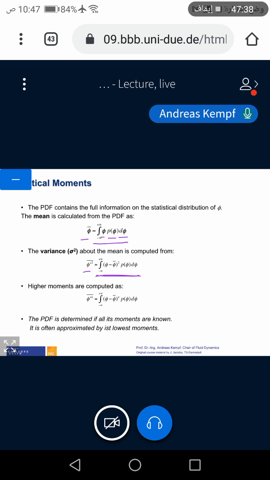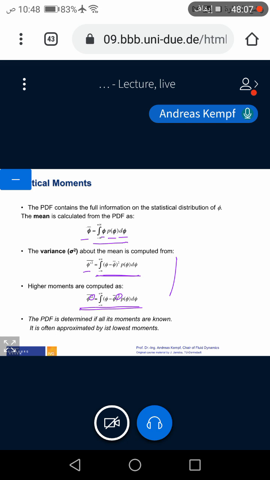It's the integral from minus infinity to plus infinity of phi minus the mean value of phi to the square times the probability of phi d phi. And we can also compute higher moments, third moments, fourth moments, and so on, as given in this expression here. So you see what changes for the nth moment is that we just have to add a power n here.